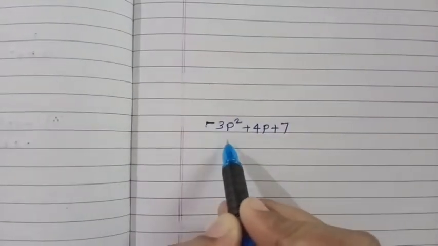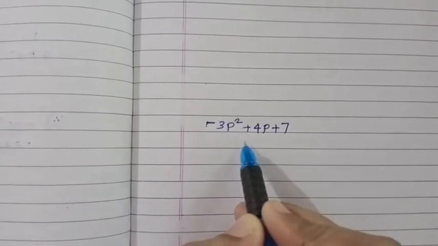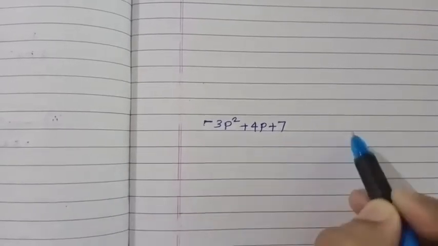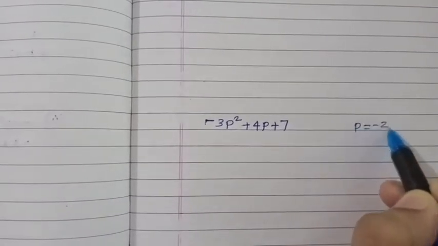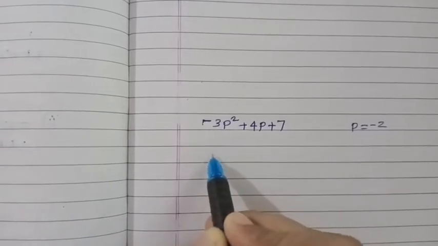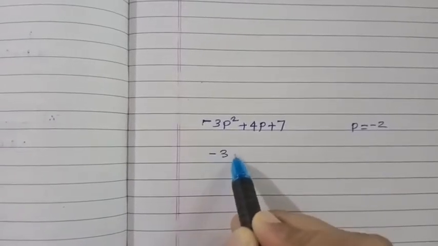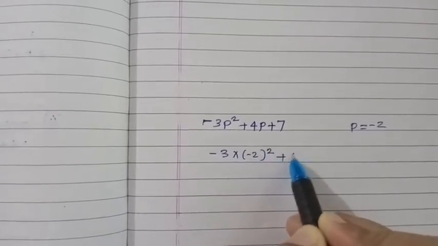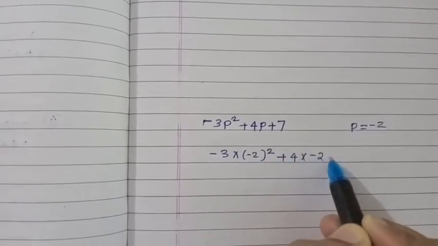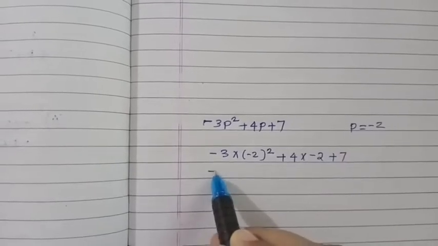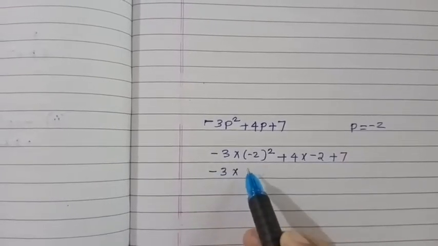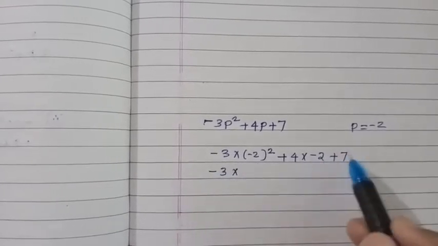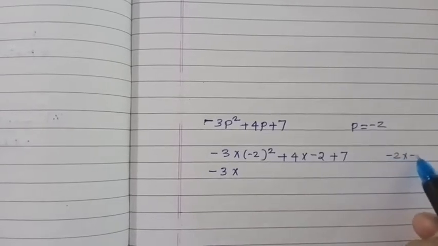Second question, minus 3p square plus 4p plus 7. So substitute p equal to minus 2. So this is equal to minus 3 into (minus 2) all square plus 4 into minus 2 plus 7. Now minus 2 square means minus 2 into minus 2.